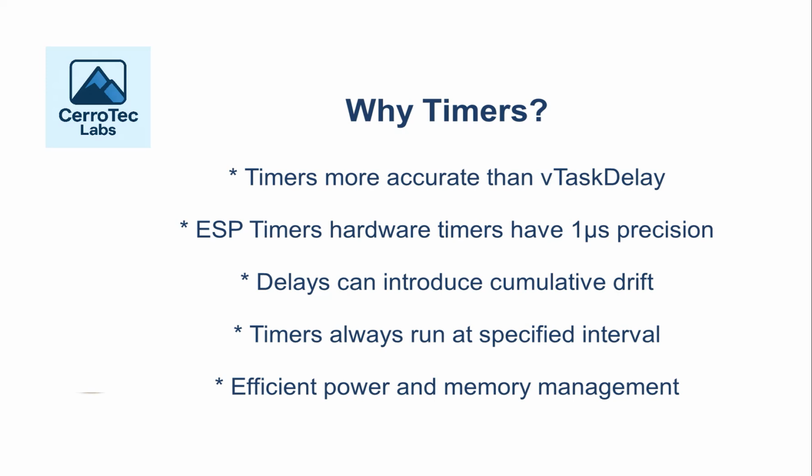Timers are useful for efficient power management, and in light sleep mode, the ESP timer hardware will automatically wake the device. Timers are also useful for efficient memory management. Multiple timers run from a single high-priority timer task.